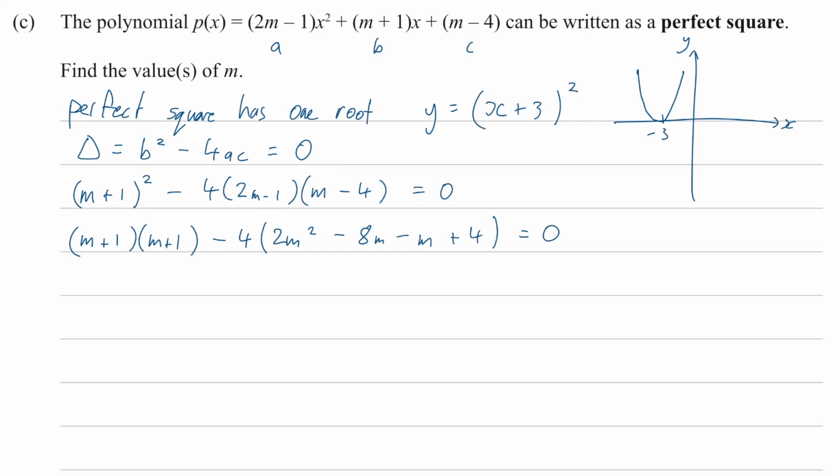Now let's expand the m plus 1 times m plus 1. That's m squared plus m, plus 1m, plus 1.